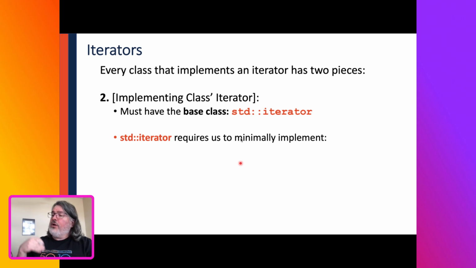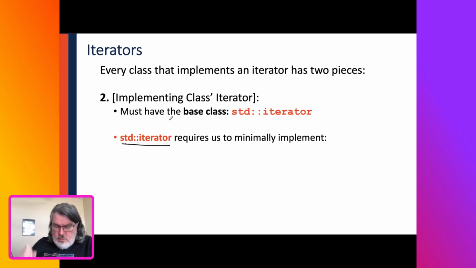Now let's look at what you have to do when you write your data structure: you also have to write the iterator class. And what does that look like? Well, it comes from standard iterator, and standard iterator is essentially an interface, and it requires us to implement 3 things.